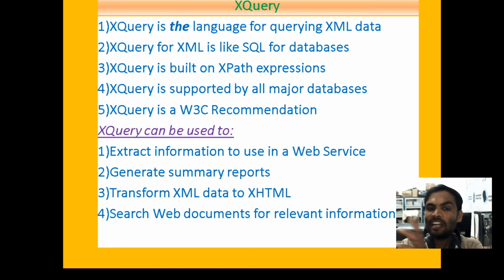XPath is dependent on XSLT, and now XQuery is dependent on XPath, so it is integrated with three technologies. By using a single language we cannot perform XQuery. Based on your XPath, we can perform your XQuery language.